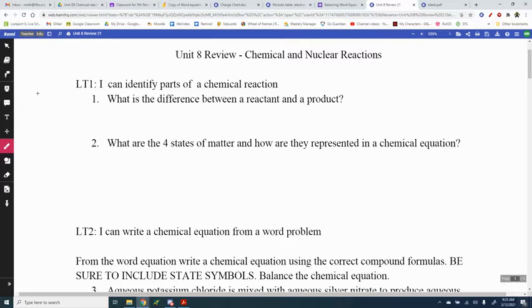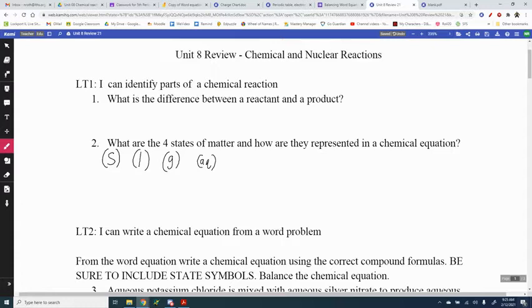The four states of matter and how they are represented in a chemical equation. Solid is represented by an S in parentheses. We have liquid, we have gas, and we have aqueous. Solids, liquids, and gases are pretty self explanatory.